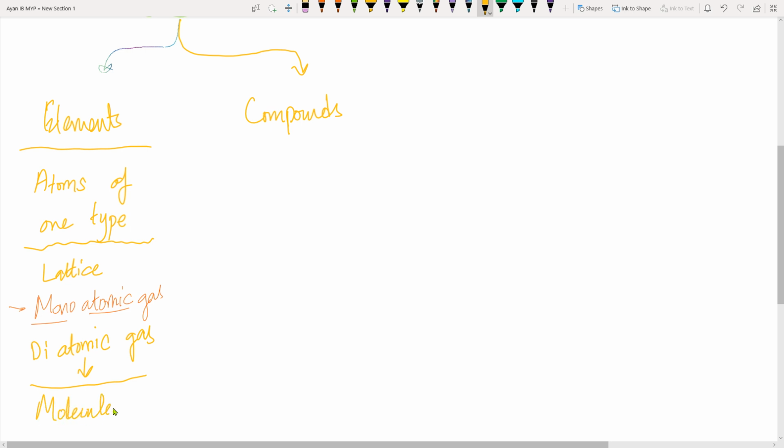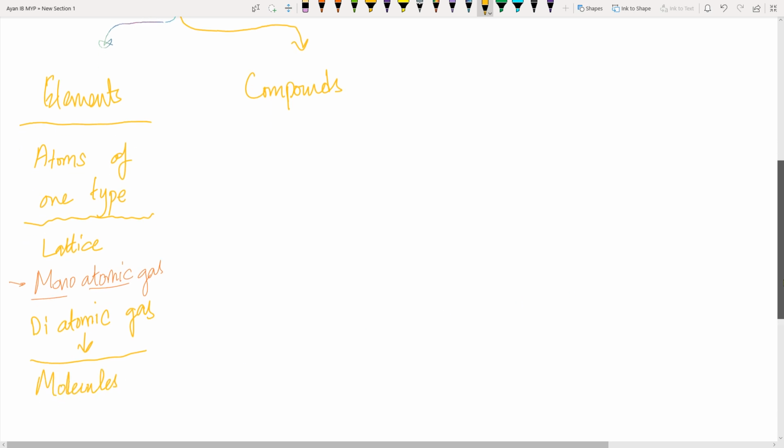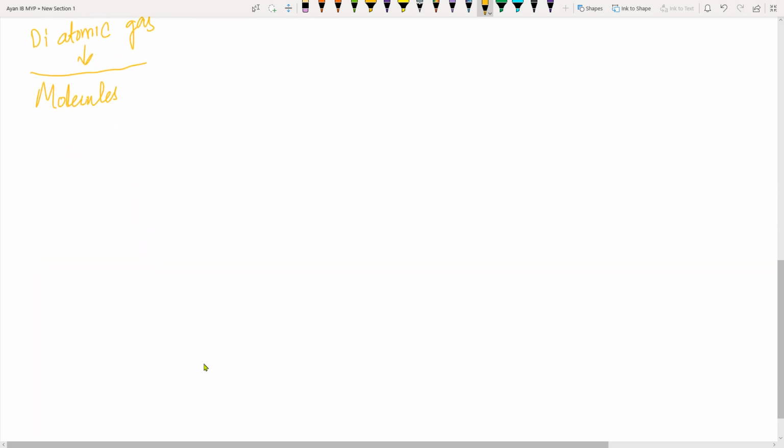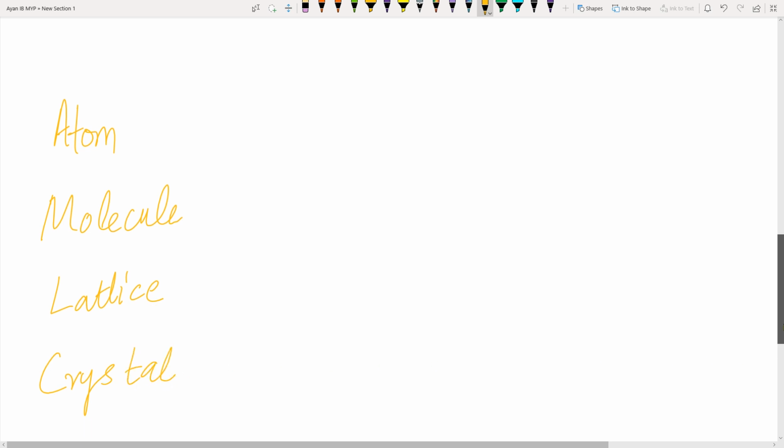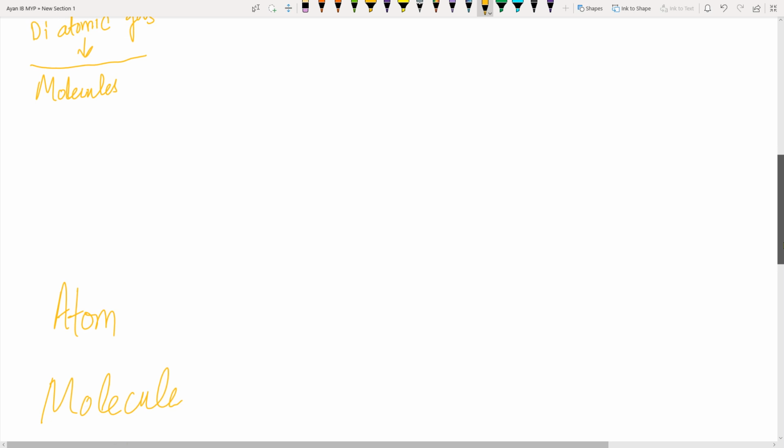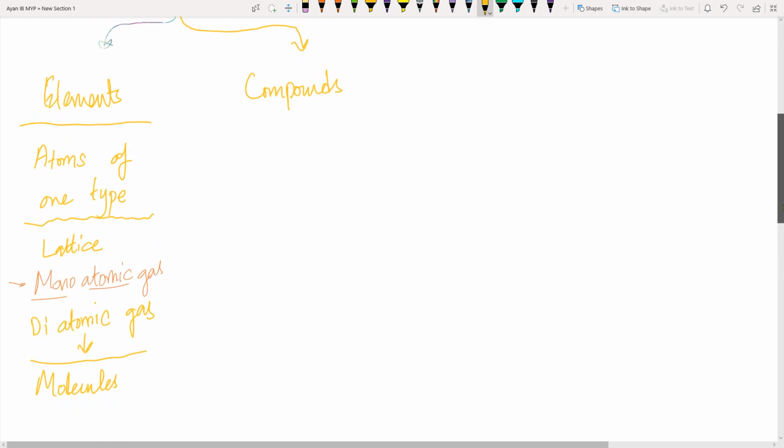In a moment we're going to define what an atom is and what a molecule is, the smaller particles, and then understand what is inside the atom as well. Then we're going to see what a lattice is and what a crystal is. These are the things we're going to talk about just today.